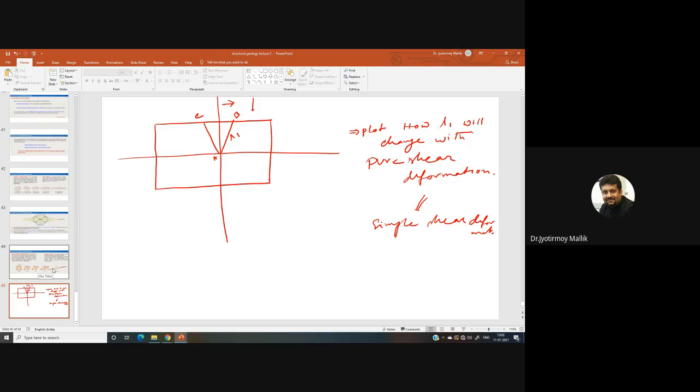If it changes, how will it change? Whether it will be extended, whether it will be shortened, or whether it will be first extended then shortened, or what will happen? That is something I want to understand, in both cases, pure shear and simple shear deformation. So if you do that exercise, the concept of pure shear and simple shear deformation will be very clear to you. Hence I am asking you to do that exercise by yourself.